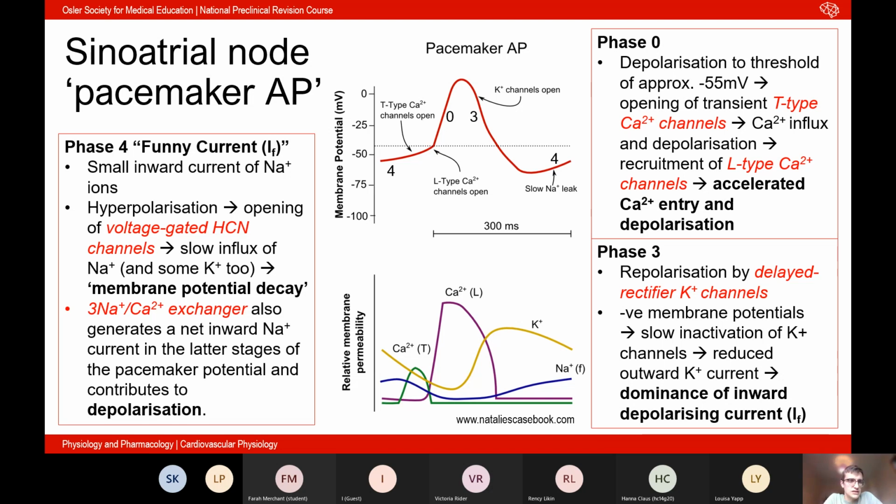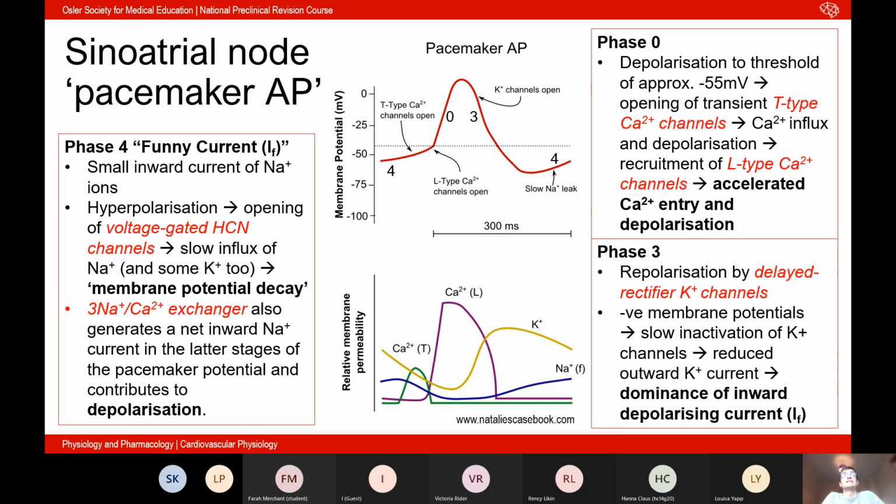So this funny current is a slow inward current of sodium at rest. And it is mediated through these special voltage gated HCN channels. And that is, I forget, it's cyclic nucleotide gated. So they're regulated by cyclic GMP and things like that, is what the name means, but that's not important.